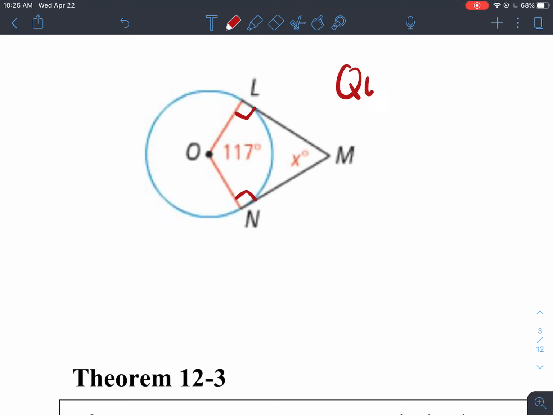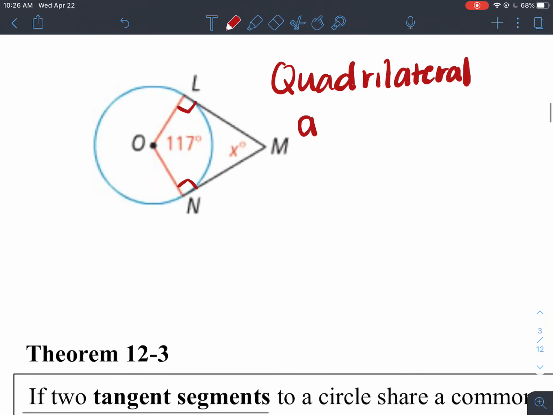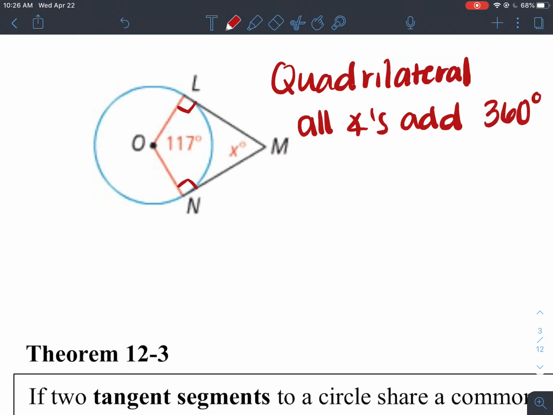And in my quadrilateral, I now know 3 of my 4 angles. And in a quadrilateral, all my angles have to add not to 180 like they do in triangles, but rather 360 degrees.